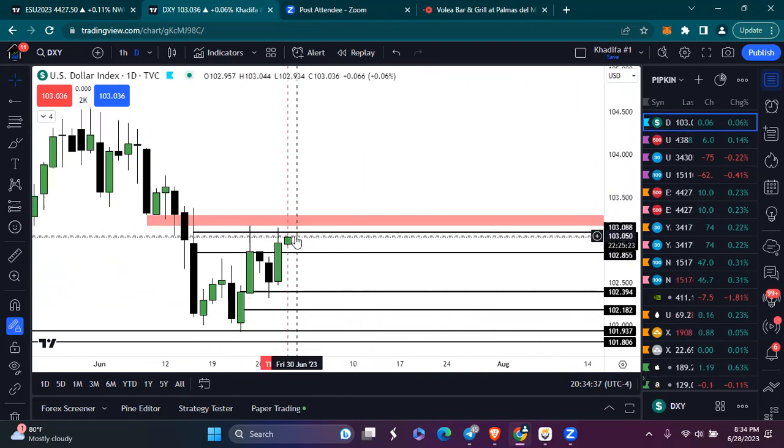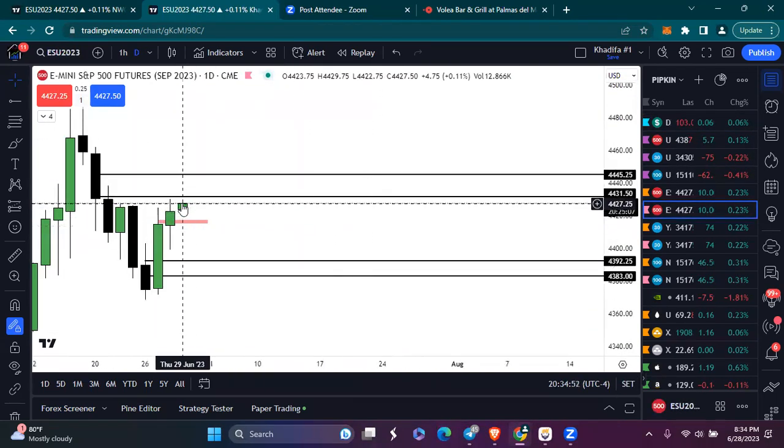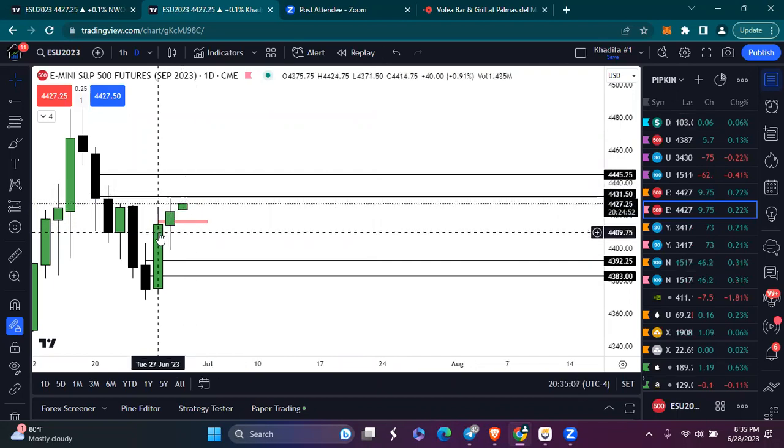And the dollar steady pushing heavy up. So I'm thinking that we could see ES continue to correlate with the dollar, right?